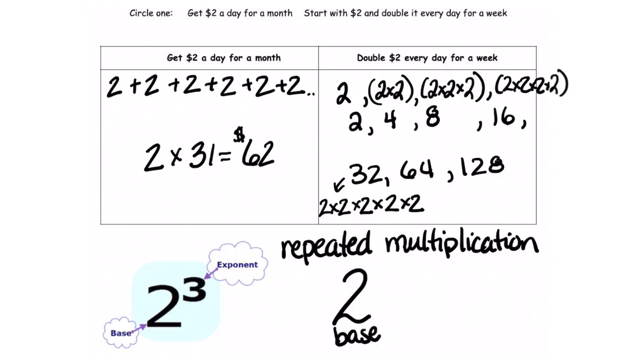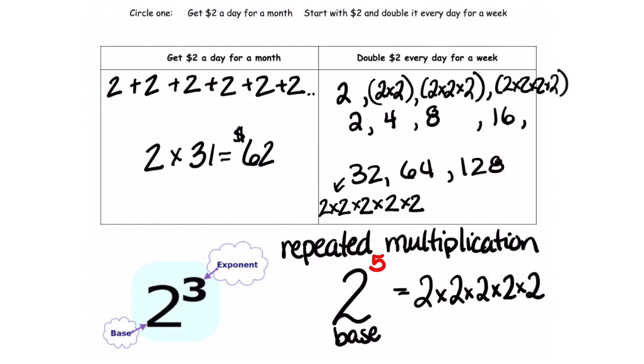And how many times did I multiply it? 1, 2, 3, 4, 5. So that 5 is the exponent. Okay, so that is the same as writing 2 times 2 times 2 times 2 times 2.